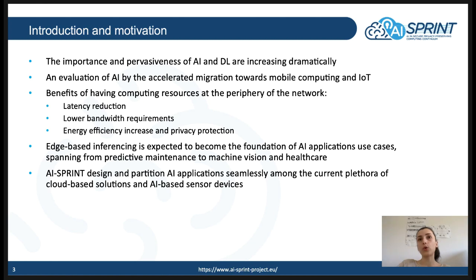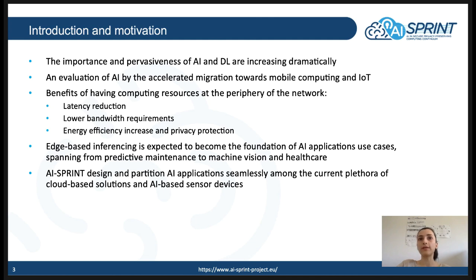The importance and pervasiveness of artificial intelligence and deep learning are increasing dramatically in these years. Nowadays, the accelerated migration towards mobile computing and Internet of Things is determining an evolution of AI and big data applications.